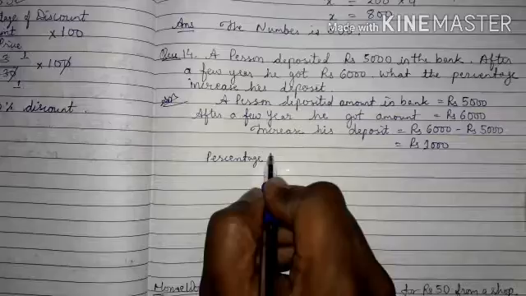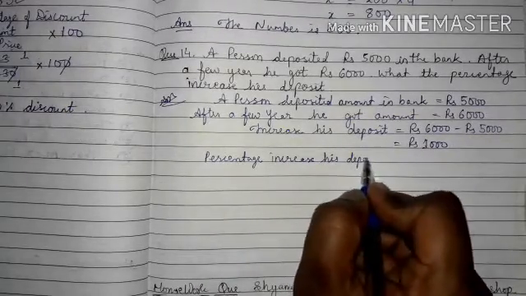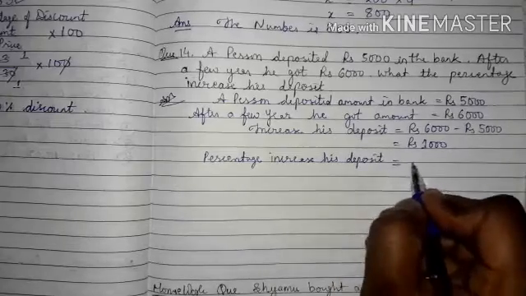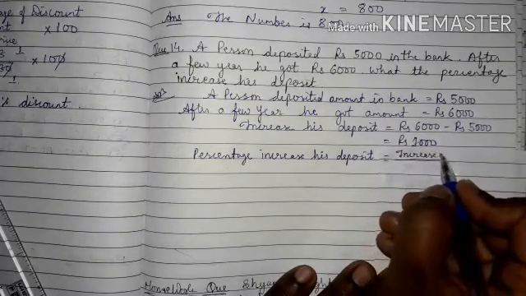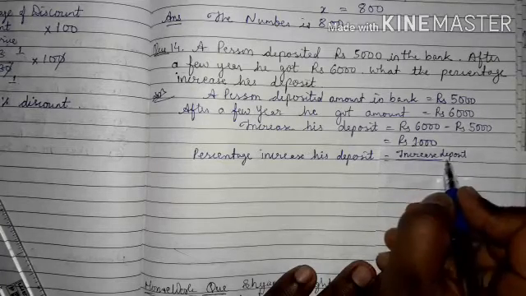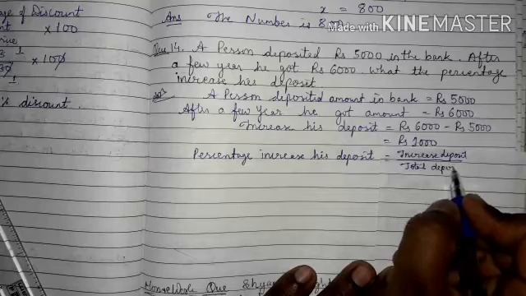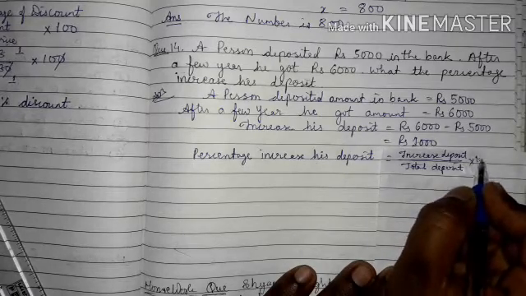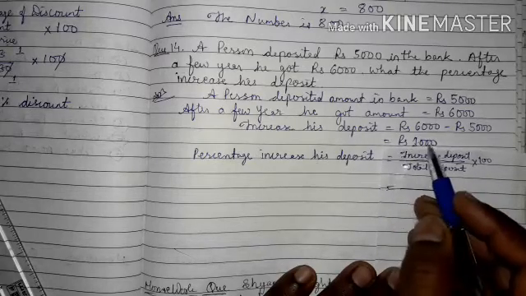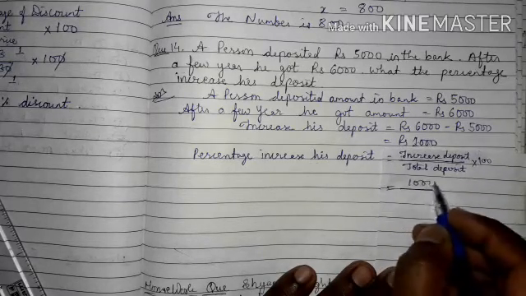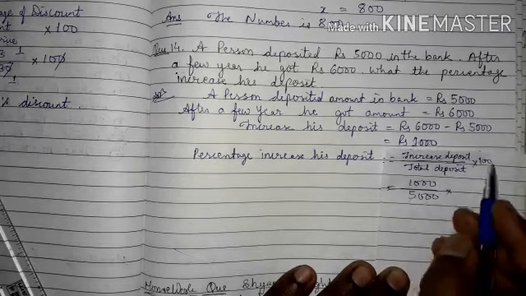So we have to find the percentage increase in his deposit, which is equal to increase in deposit upon total deposit multiplied by 100. So here how much is the increase in deposit? 1,000. What is the total deposit? 5,000 multiplied by 100.